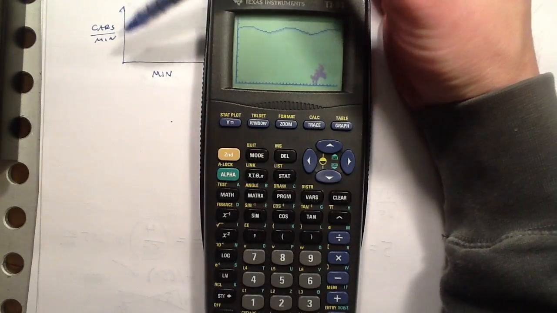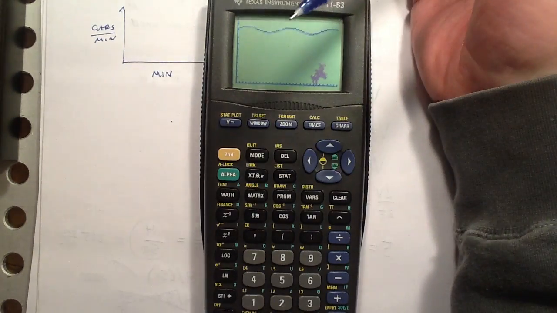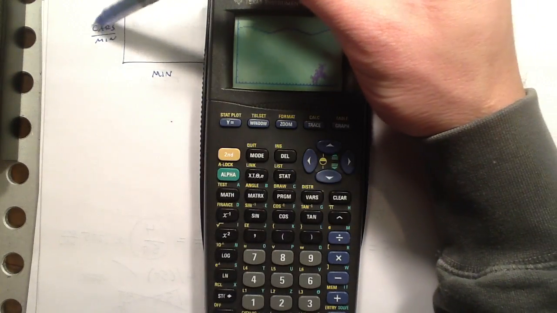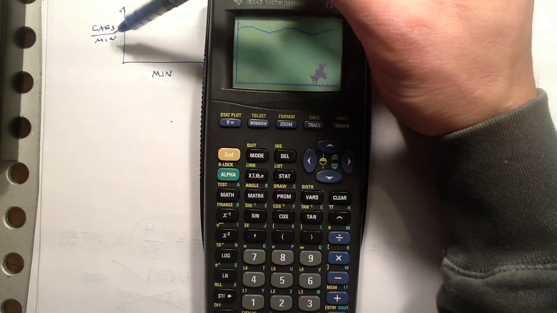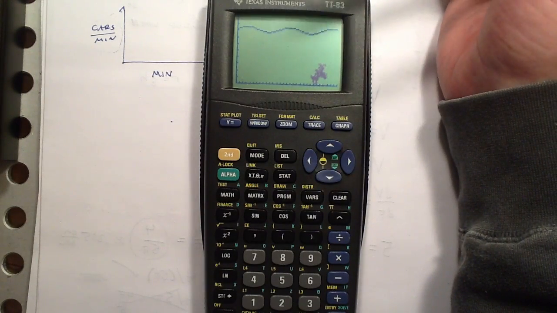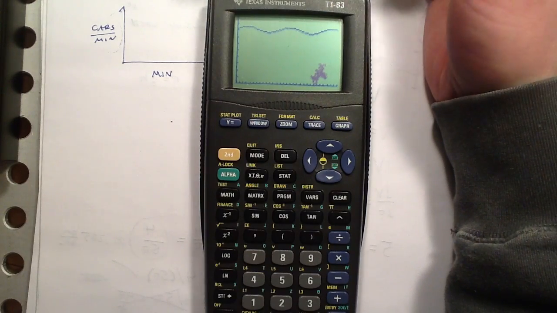Slope is a measurement of rise over run. It's a rate of change. The units of rise over run would be cars per minute squared. I don't know what that's supposed to mean exactly. It's like the rate that the rate is changing, sort of like an acceleration, if you will. That's not what we want here.